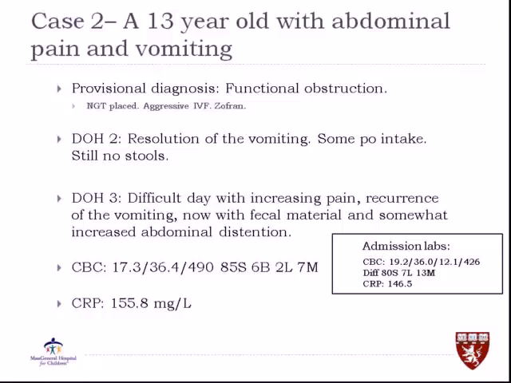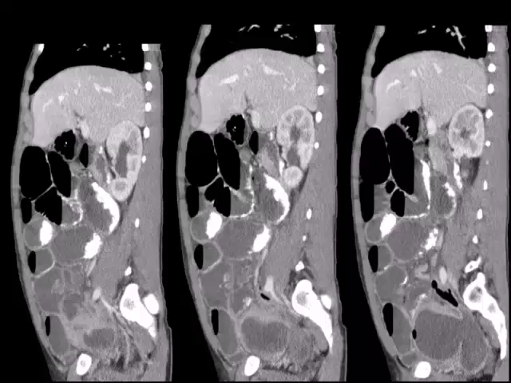He still had not had any fevers, and I suggested we go ahead and do a CT scan of the abdomen. So again, I'm going to give you 10 seconds of silence here, so you can go over the sagittal images of his abdominal scan.